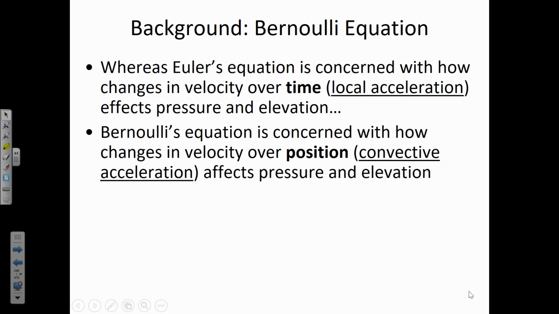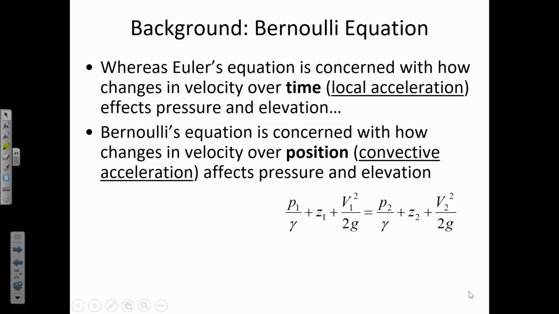Now, in contrast to that, Bernoulli's equation is concerned with how the changes in velocity with respect to position affect the pressure and elevation. So Bernoulli's equation is that some pressure at location 1 divided by gamma, plus z1, the elevation at a certain location, plus a velocity head term, v1 squared divided by 2g, relates to a situation at a second location.